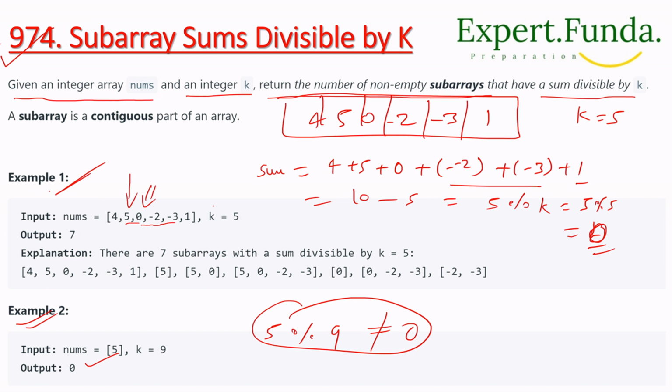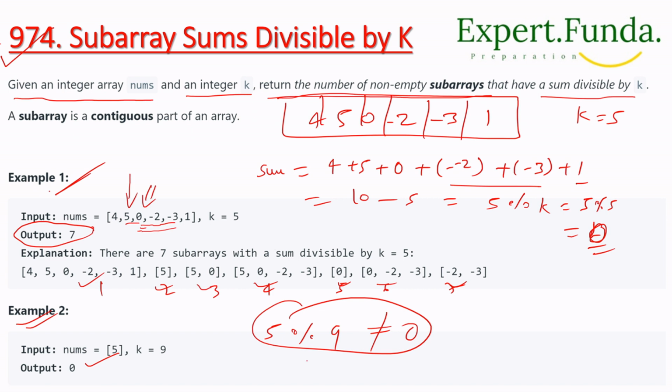If we divide, this will work. Next, we have 0, then 0, -2, -3. So all are given here. You can see these subarrays are given here. If we do the sum of these subarrays and take the modulus, it is divisible by 5, and that's why the total count is 1, 2, 3, 4, 5, 6, 7, total 7. That's why we are getting 7 as the output.